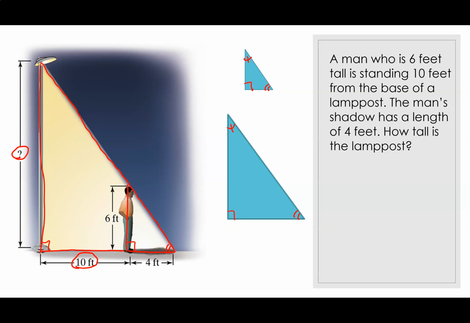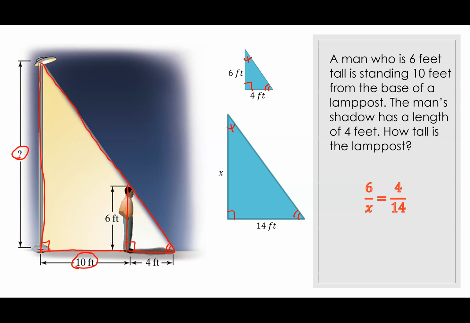Okay, now let's go and label them. The shadow is 4. So we have 4 and 14. The man is 6 feet tall. So we have 6 and x. Those are corresponding sides. Now, since these triangles are similar, we would say 6 is to x has to be proportional to 4 is to 14.